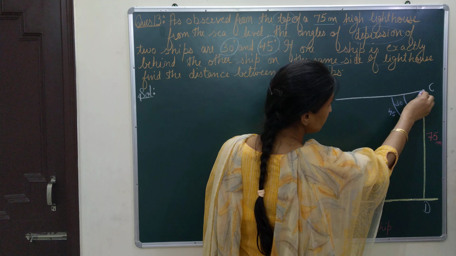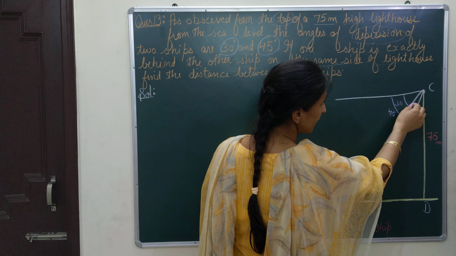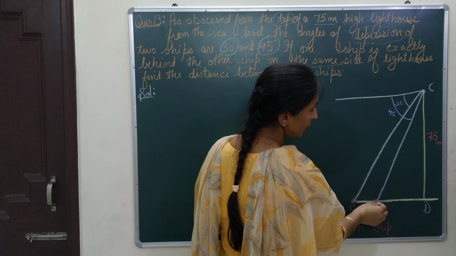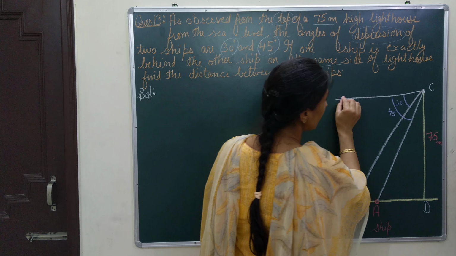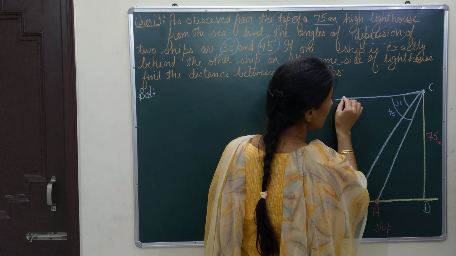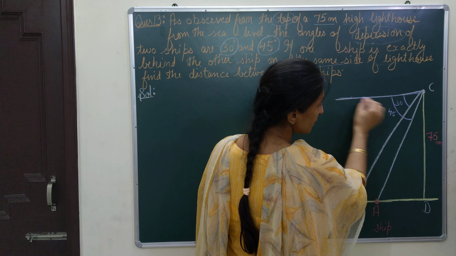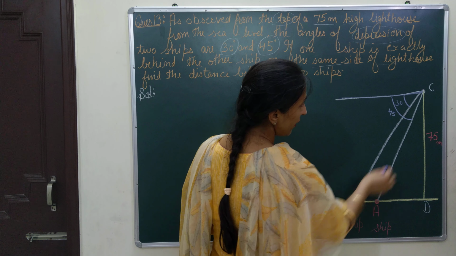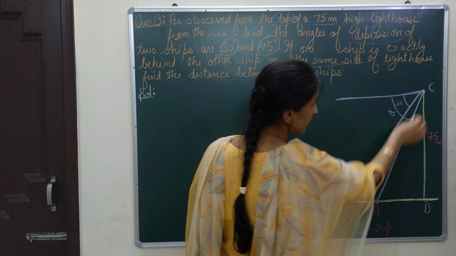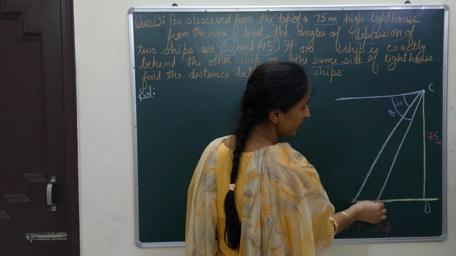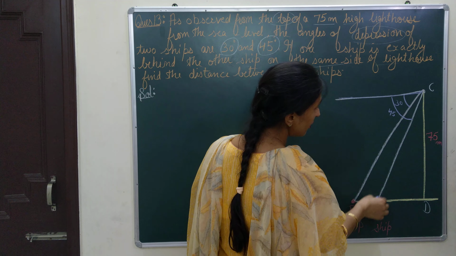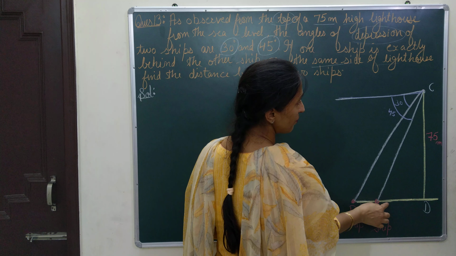One more thing, as angles are here, I have to take these angles on the baseline. This horizontal line is parallel to the baseline, and CA acts as a transversal here. If this is a transversal, alternate interior angles will be formed.